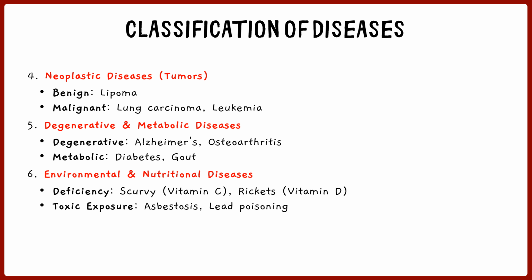We can also have toxic exposure in the environment, like asbestosis, like we mentioned before, and lead poisoning. So these are the classification of the diseases, but don't think that this is something that's not important. This is actually one of the most important things that you should memorize is the different classifications of diseases, because later on when you go to your clinical years, if you don't memorize this, it's going to be very difficult for you.